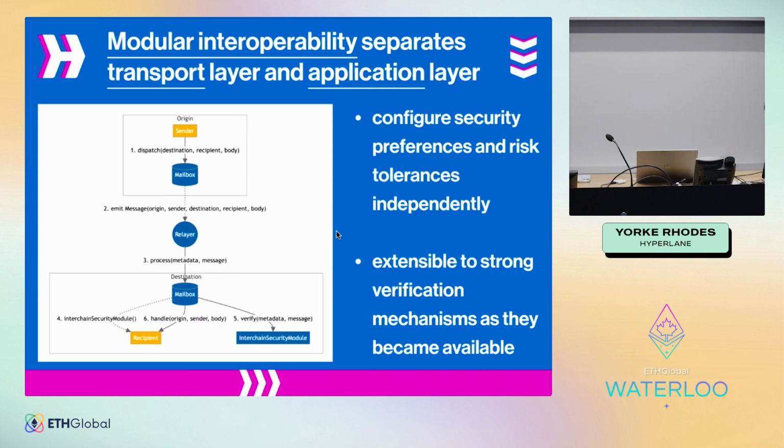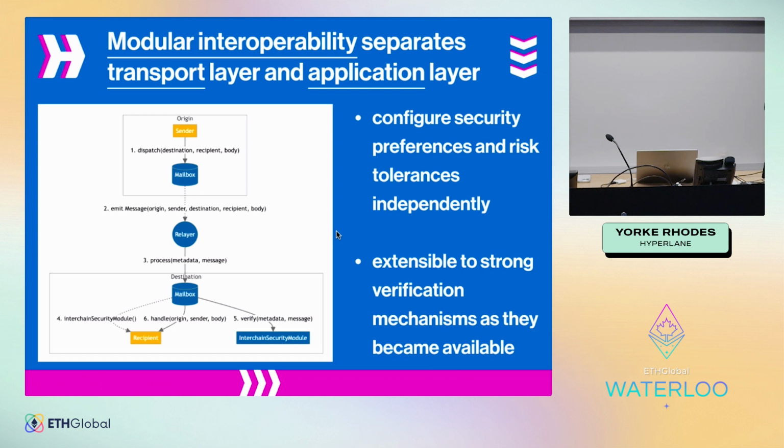When you're receiving a message, our protocol will ask you, hey, what is your security module mechanism of choice? We provide a bunch of off-the-shelf components that you can select from and compose for the various channels, like Optimism's canonical bridge, or using Wormhole, or whatever it is.